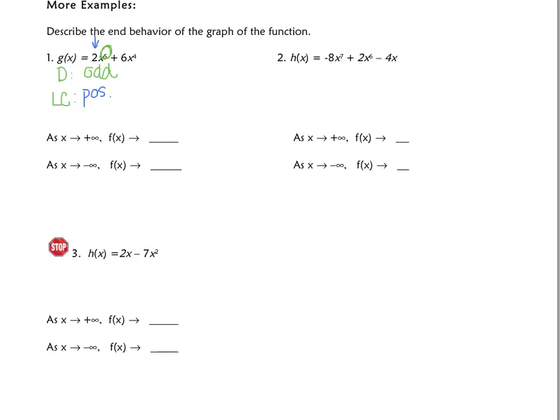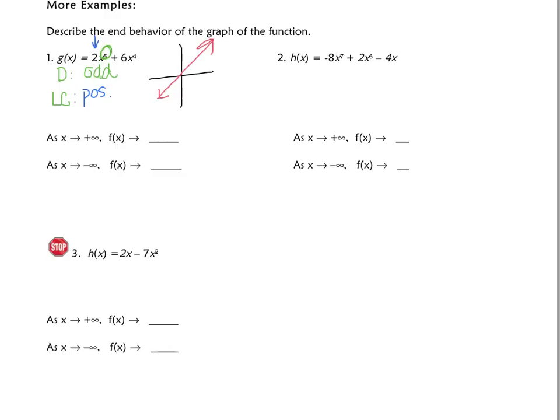So what I would do is sketch yourself a little graph. What is the most simplistic odd degree function with a positive leading coefficient? Just to give yourself that visual. Hopefully you realize an odd is a line, and if the leading coefficient is positive, that would be a line that has a positive slope. So I think if you sketch that, that's going to help you describe the end behavior.